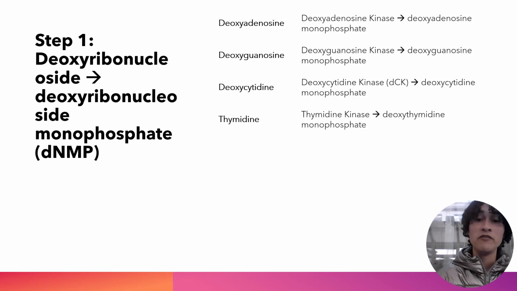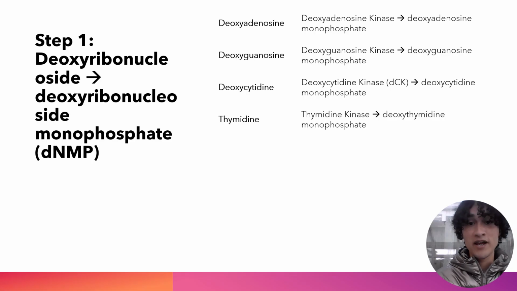I'm going to go over each process in a lot more detail in the coming slides, but for now I've done a table to summarize the first step. The first step is phosphorylating our deoxyribonucleoside into a dNMP, a deoxyribonucleoside monophosphate. So we start off with our deoxyribonucleoside, for example deoxyadenosine, which is just the adenine nitrogenous base bonded to the deoxyribose sugar through a glycosidic bond.